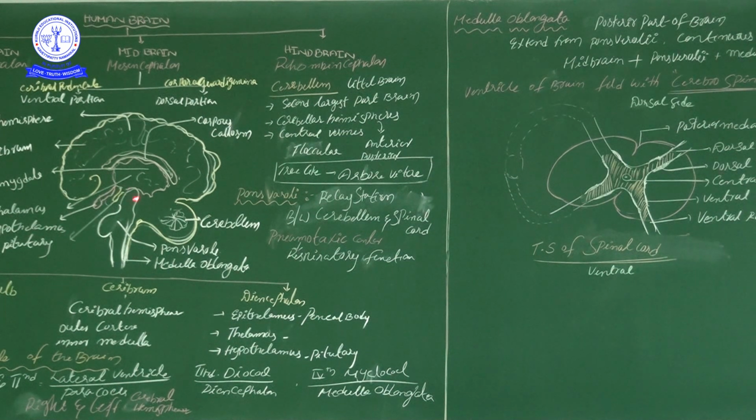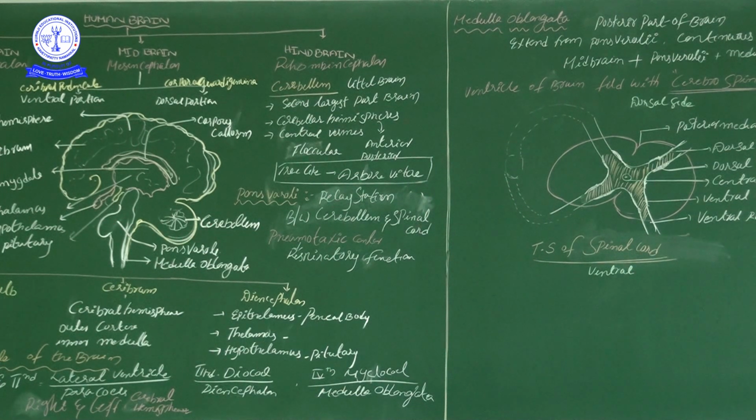Later, this middle position is the midbrain, and above the midbrain one nervous tissue is there. That nervous tissue connects both hemispheres, which we call the corpus callosum. Then the second part of the brain is also completed. Then the hindbrain. The first part of the hindbrain is the cerebellum, on the adjacent side.